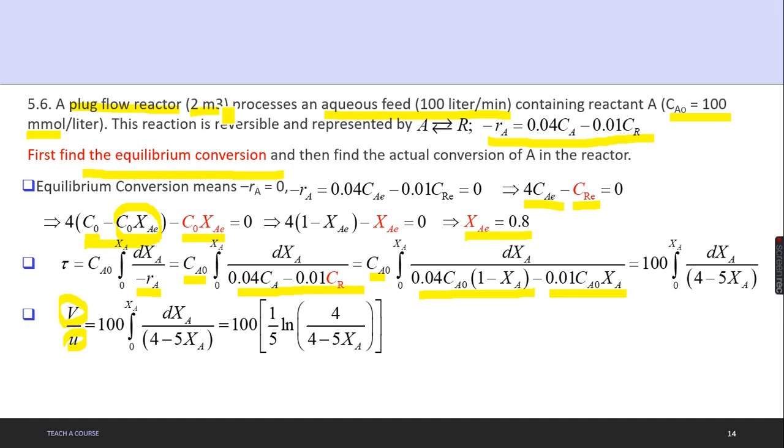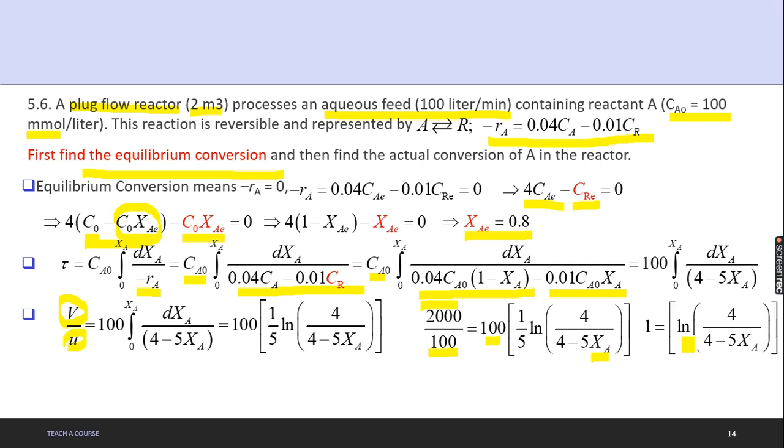Volume is 2 meter cube and flow rate is 100 liters per minute, so I can plug those values here. So 2 meter cube means 2000 liters and this is 100 liters per minute. So this 100 is already there in your expression itself. So essentially the unknown is only xa, so possibly you can solve it now.